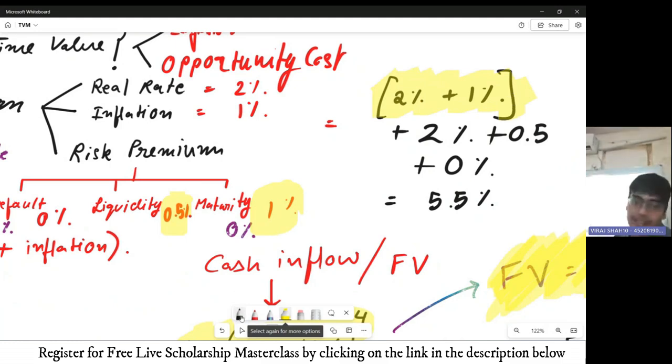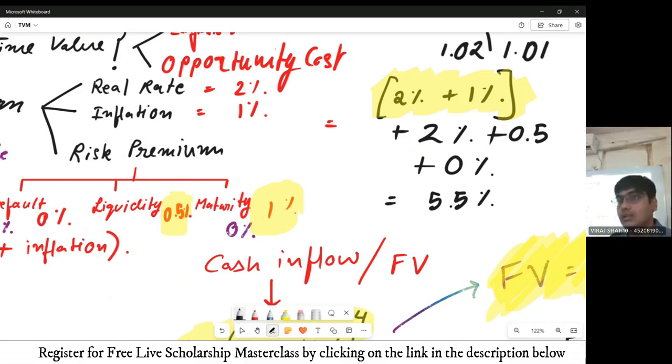The actual calculation how it happens is that you first give me the real rate, उसके ऊपर मैं inflation लगाऊंगा, and -1. ठीक है, तो ये कैलकुलेटर से निकालिए क्या आता है। Enter 1.02 into 1.01, 1.0302 -1, which gives me 3.02%, right? Which is how much?